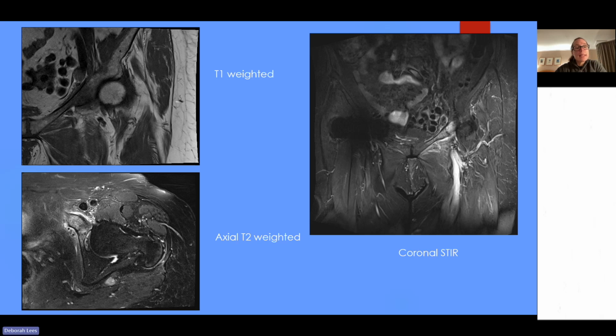This is now an axial, so there's your femoral head, there's your greater trochanter, and this is the pubic rami going down, because you're now seeing this in axial view, and you can see with this fluid-weighted sequence, there's the pubic rami disruption. And then again here, you can see this is your femoral head, and you can see the disruption here on the pubic ramus. That shows up bright on your fluid sequences.